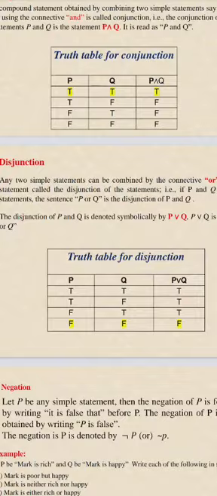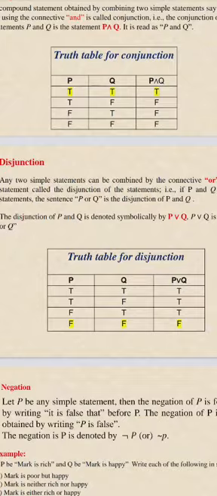Next one is disjunction. Any two simple statements can be combined by the connective or to form a compound statement, which is called the disjunction of the statements.